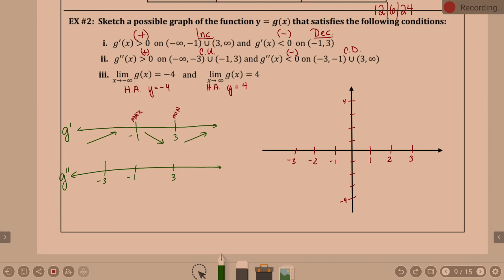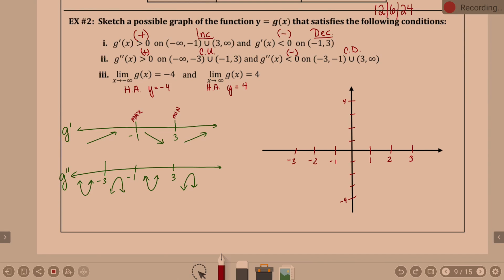Okay? Now, notice, I did line up my -1 and 3 on purpose with the sign chart above. Okay, what do we know? From -infinity to -3, we are concave up. -3 to -1, concave down. -1 to 3, concave up. 3 to infinity, concave down.